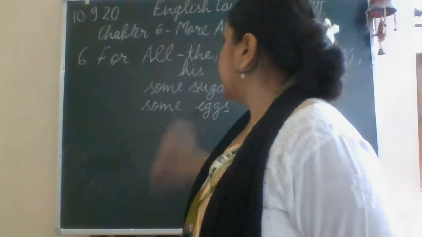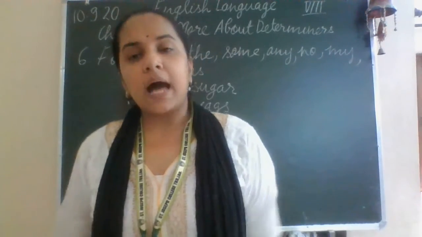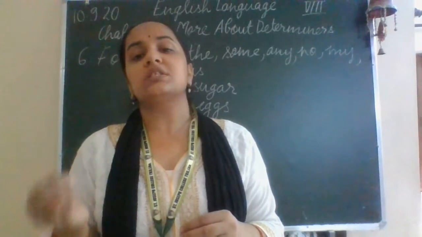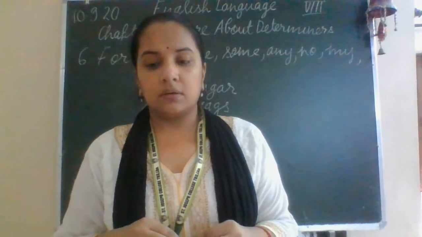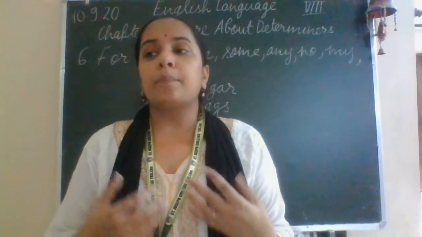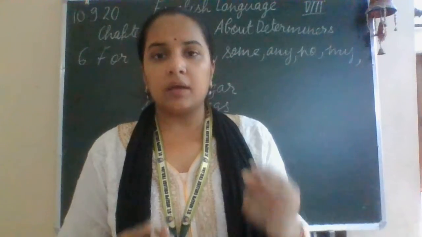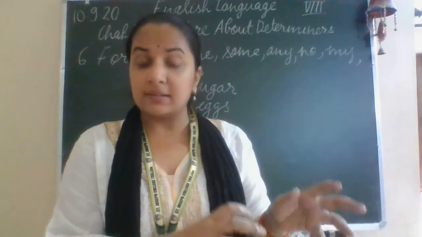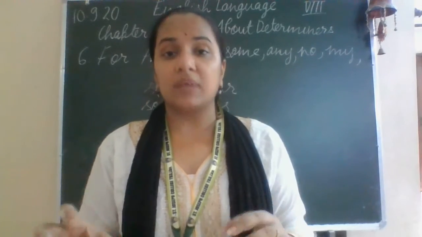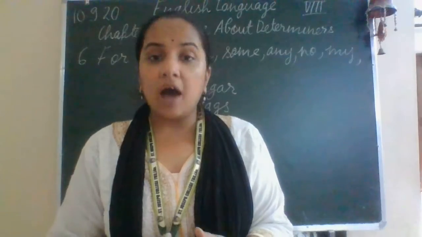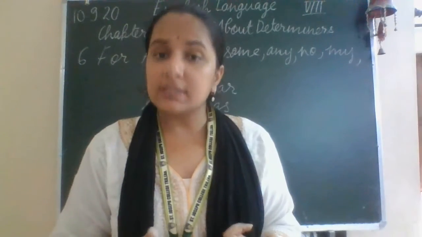So, we have included here some. It is written that we use some in the positive sentences. Positive sentences means, for example, if we are talking about some things, when you have those things, then we will use some.